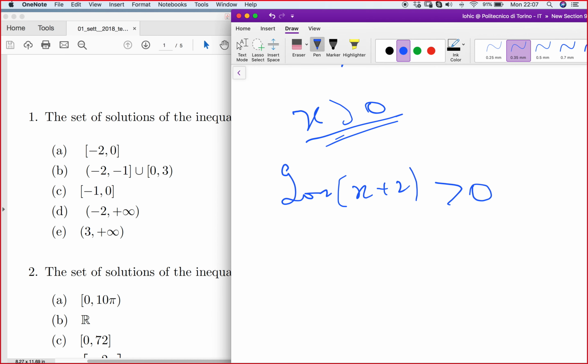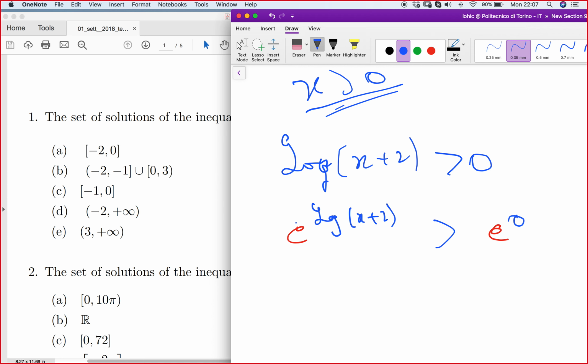So now to do this, how do I solve this? To eliminate the logarithm, what do I do? I apply the exponential to both sides. Okay? So I write exponential of the logarithm of x plus 2 here, and here will be exponential of 0, right?